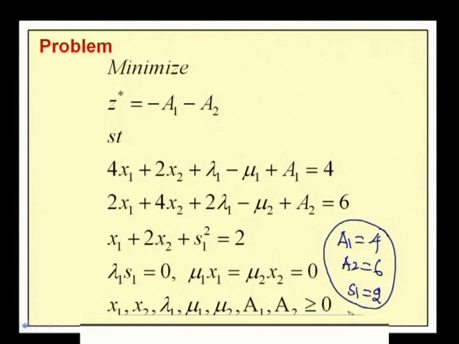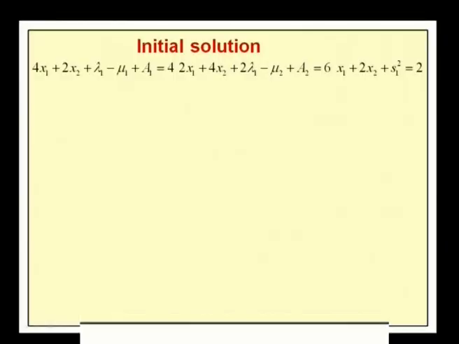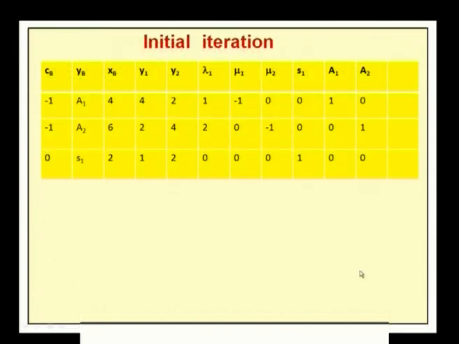For that, we have to go for the two-phase simplex method. In the two-phase simplex method, we have to get the initial solution to the given linear programming problem. So, for the equations, we have seen that the initial table is nothing but this one.